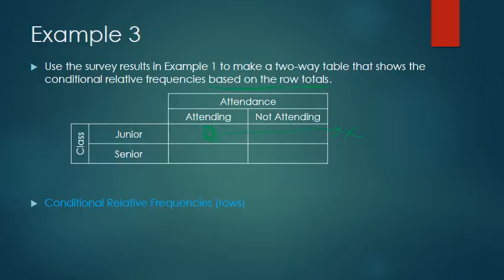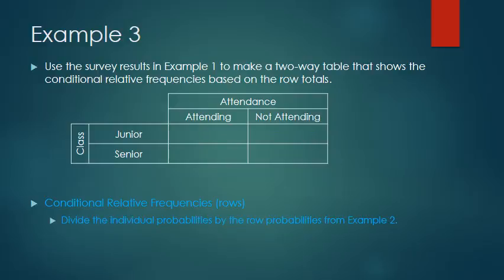So we're going to be using the numbers again from our original table, but we're going to now be figuring out the probability someone attended out of the total number of juniors. Or, a different one, the probability that someone did not attend out of the total number of seniors, not out of the total anymore. So how do we do that?